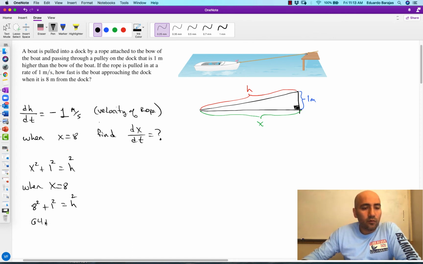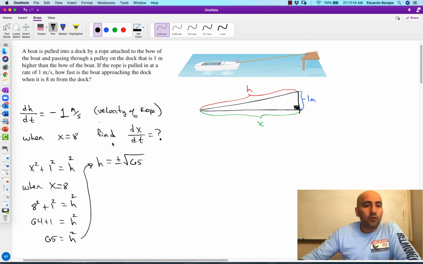So 65 equals h squared, or h is equal to plus or minus the square root of 65. And of course, h is this length of rope, so we can ignore the negative.